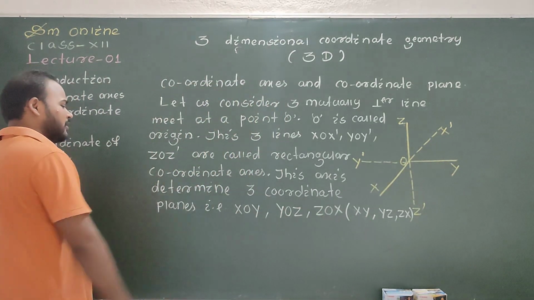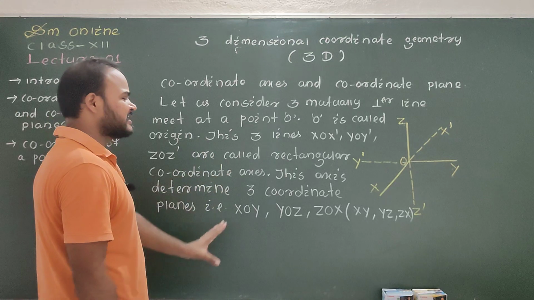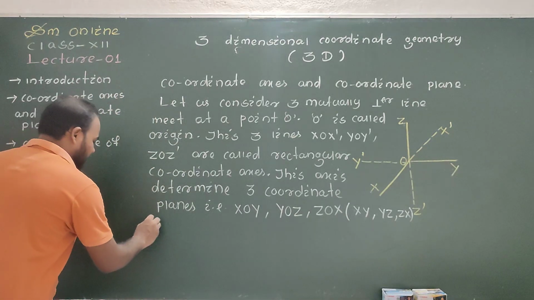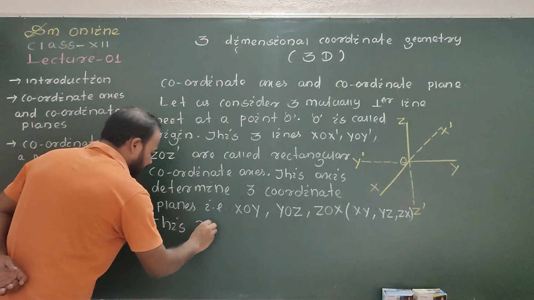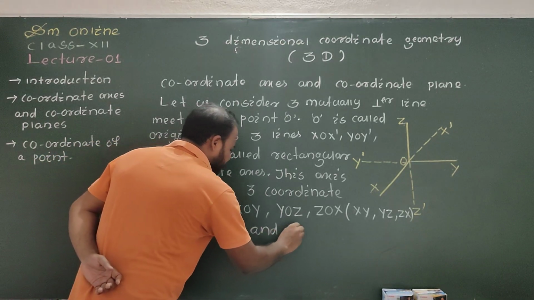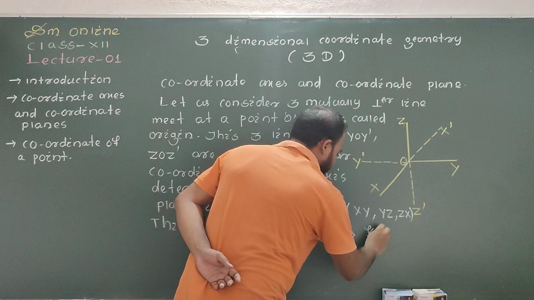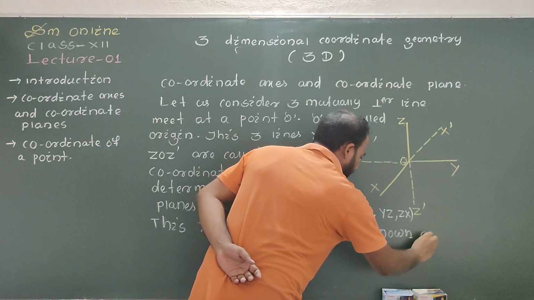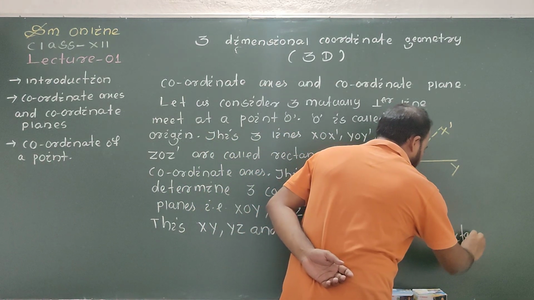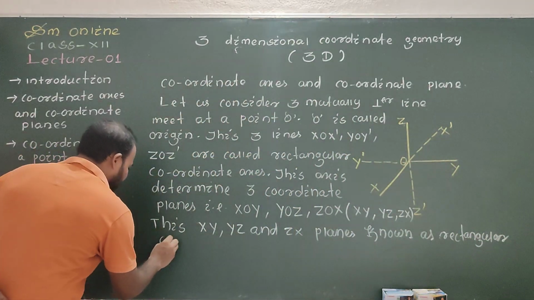So these axes determine three coordinate planes that is x o y, y o z and z o x, and these three coordinate planes are known as rectangular coordinate planes.